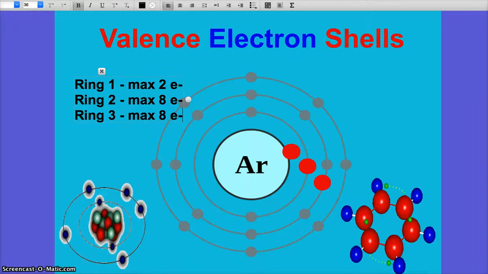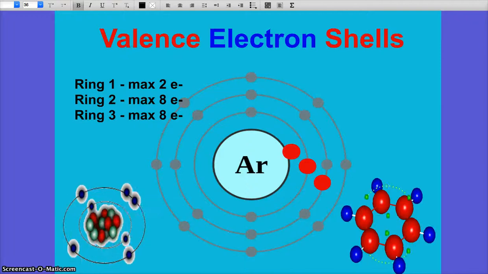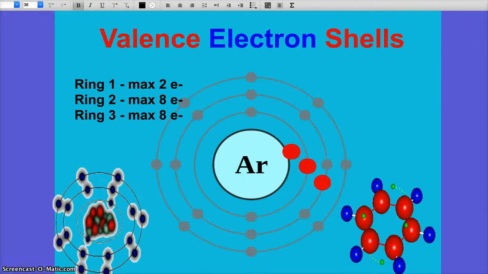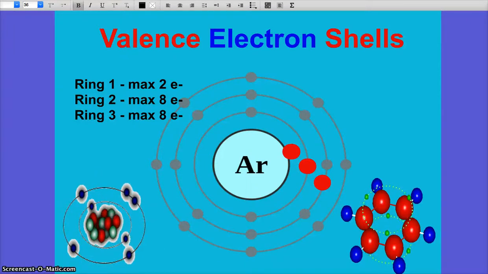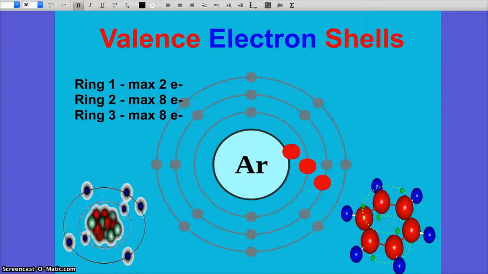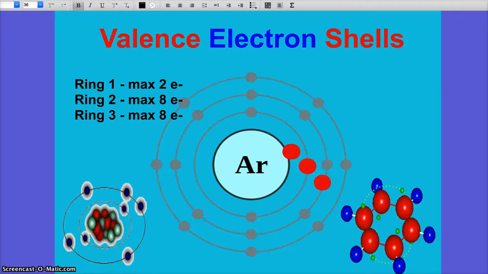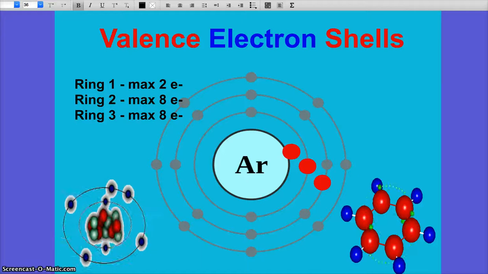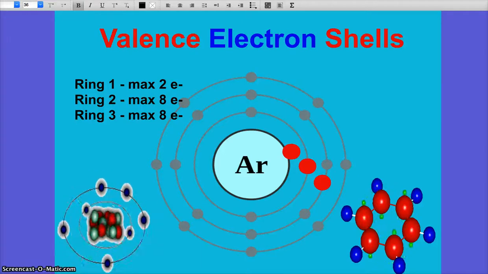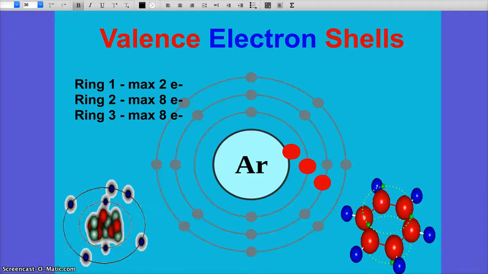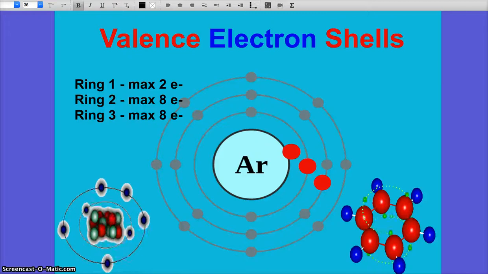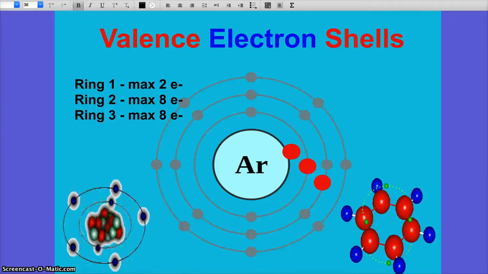So we're going to jump over here. And I say max. Does that mean there could be an atom with only 6 electrons in their second shell? Yes. Because if you are oxygen, you have 8 electrons. 2 go in the first shell, 6 go in the second.